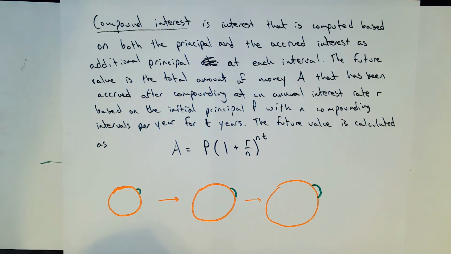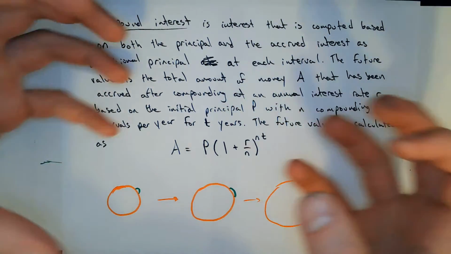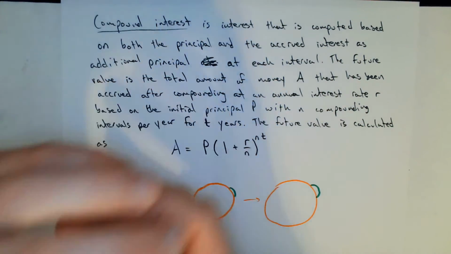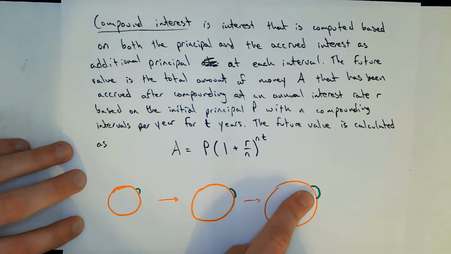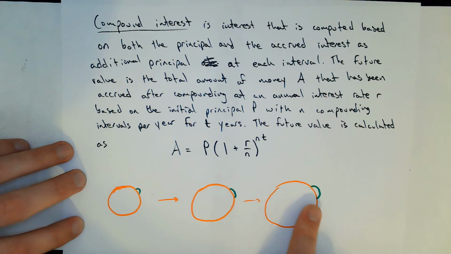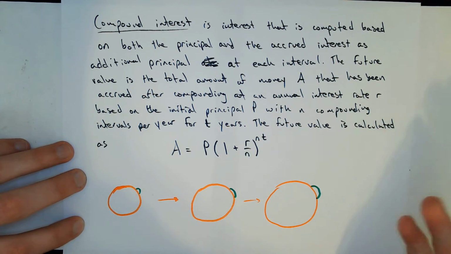This formula does all the work together for calculating interest and combining it with the principal. So this formula does not tell us what this little green bump would be. It tells us what the whole orange thing would be after the green bump is added.